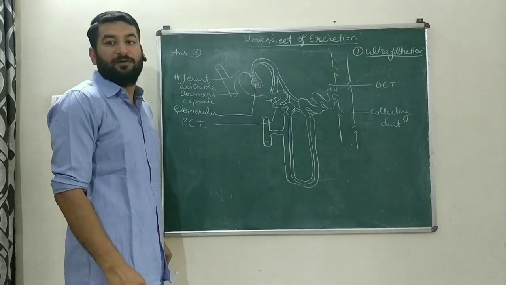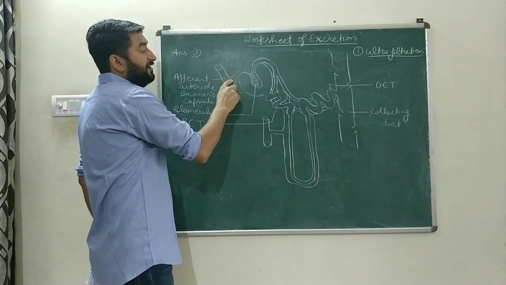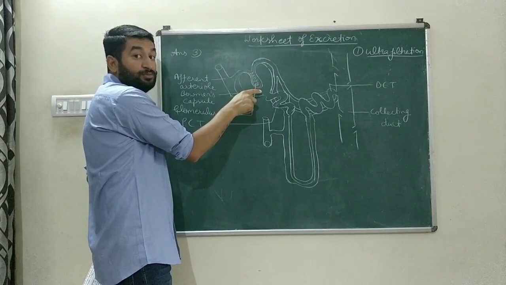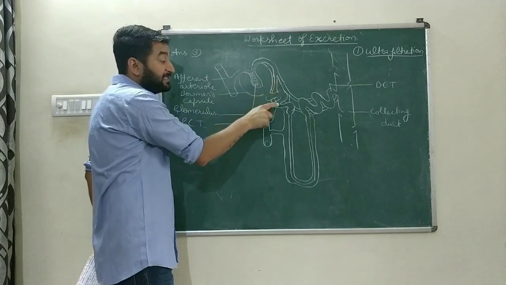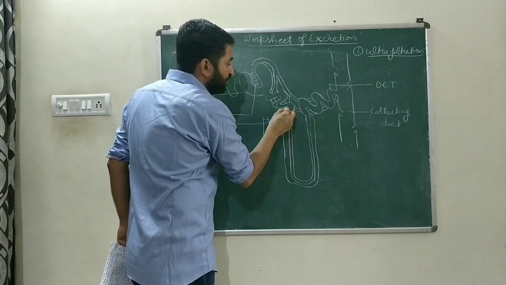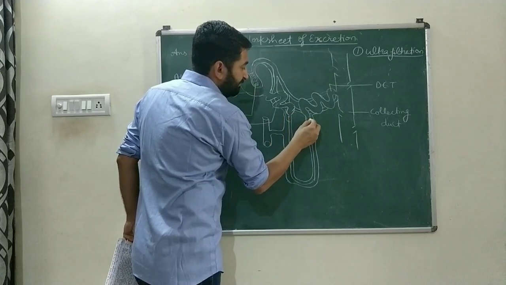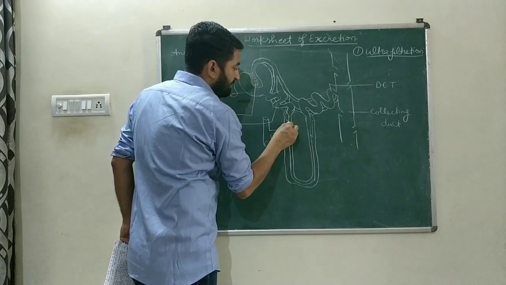This is renal venule. So, afferent arteriole brings the blood to Bowman's capsule. Then the glomerulus capillaries combine together to form efferent arteriole, which makes a capillary network around this tubular region. This is the capillary network.